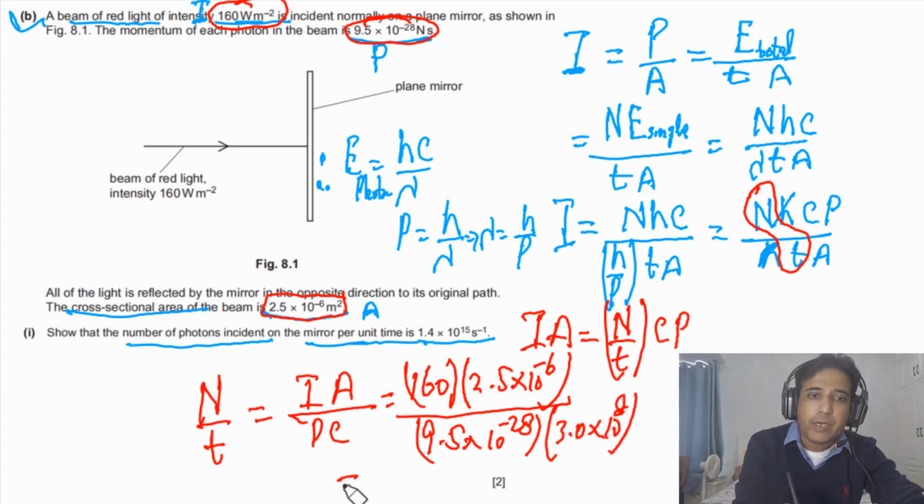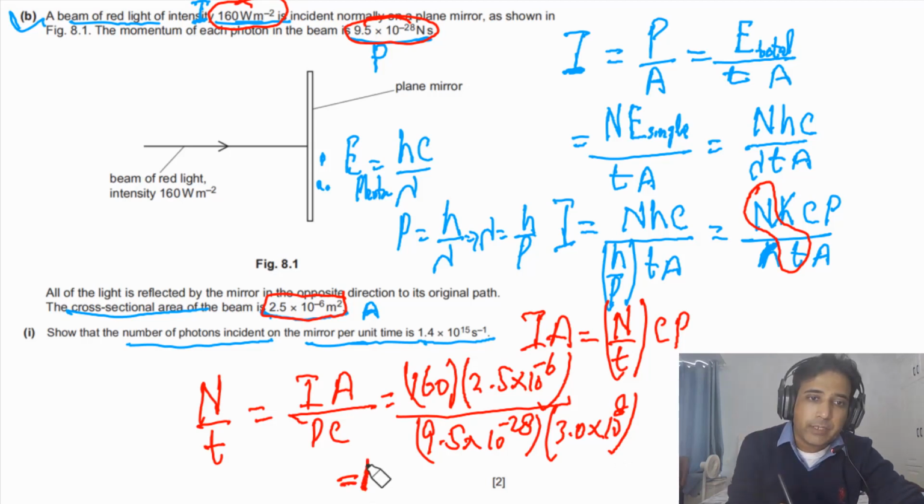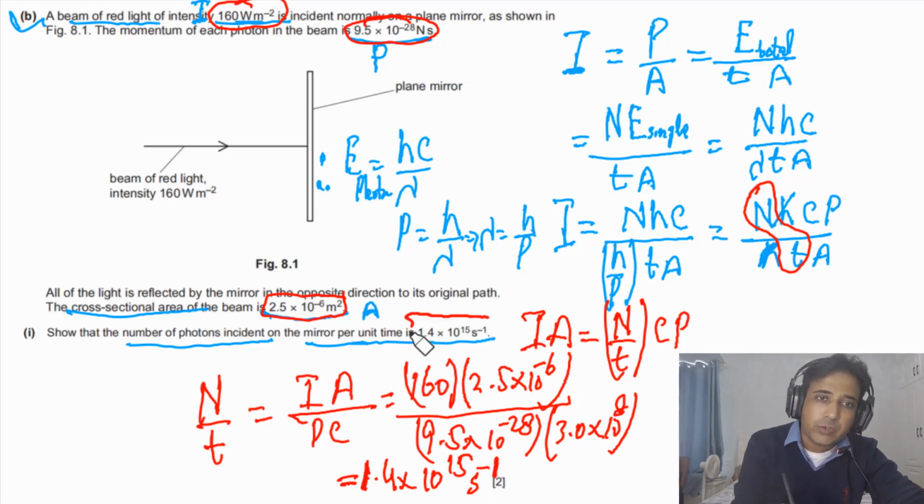Now simplify this and you will get the final answer. If we simplify this, we will get 1.4 times 10 to 15 photons per second. So this is our final answer, and this is what we need to show, the number of photons per second arriving at the mirror.